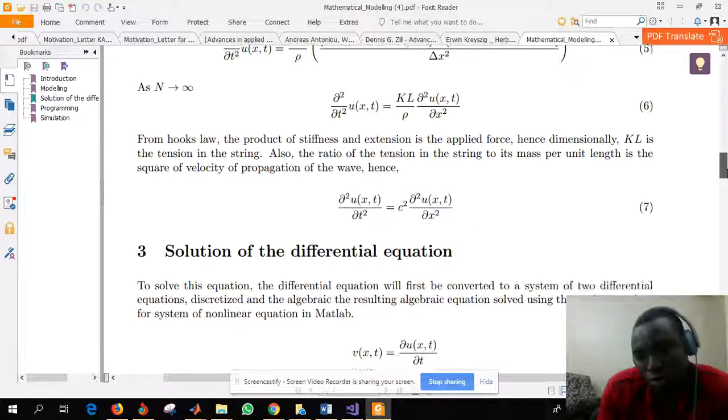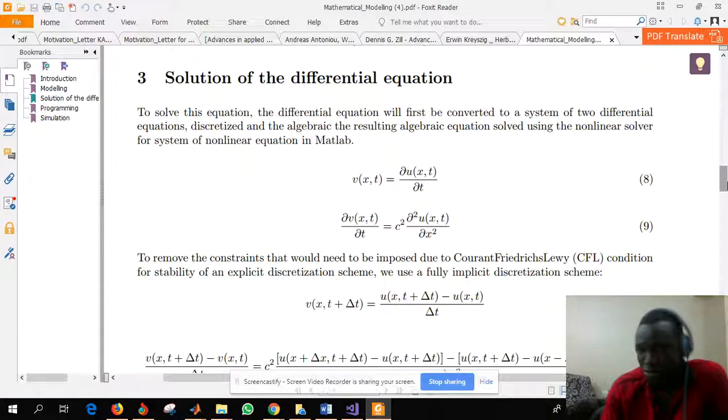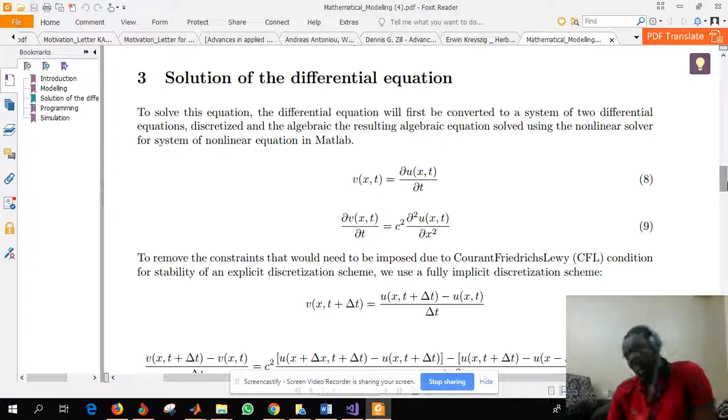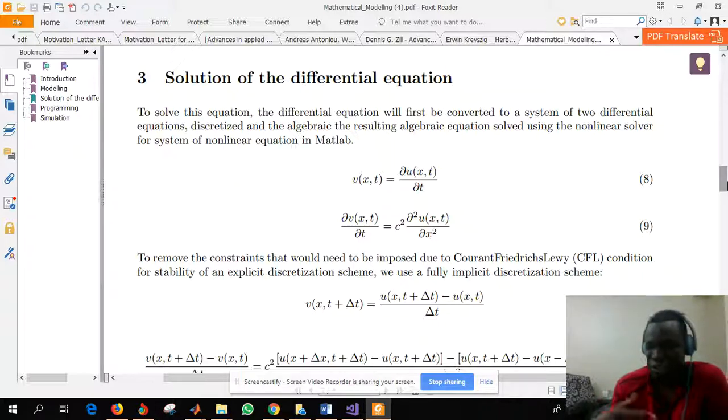So we now talk about the solution. Solving a differential equation numerically is almost like working back to how the equation was derived originally. But here I like to break the differential equation down into two simpler equations.